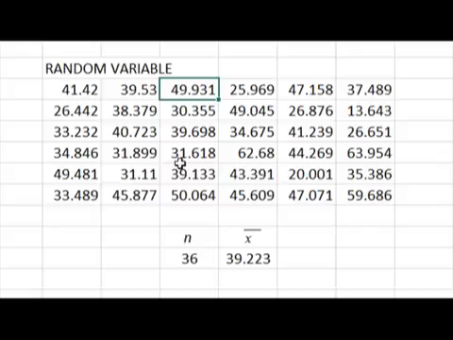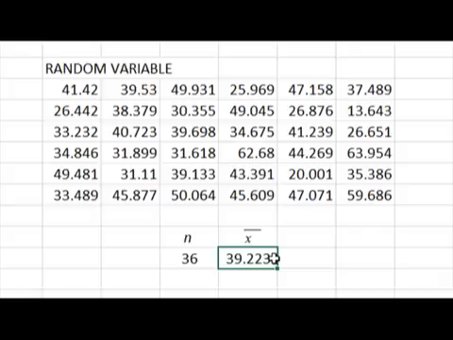When our sample size was 36, as it is here, the standard deviation of these x bars is 10, the original standard deviation, divided by the square root of 36, which is 6. So the standard deviation is 10 divided by 6, which is 1.67.